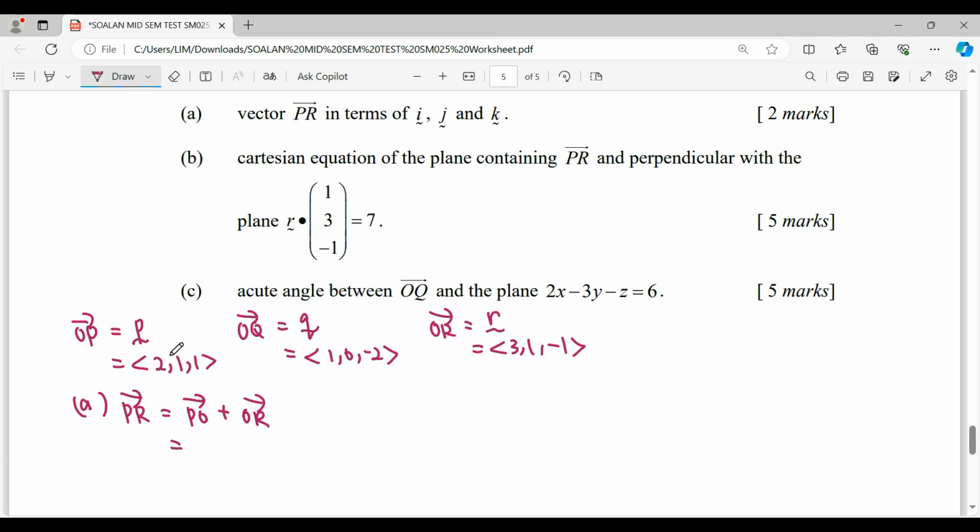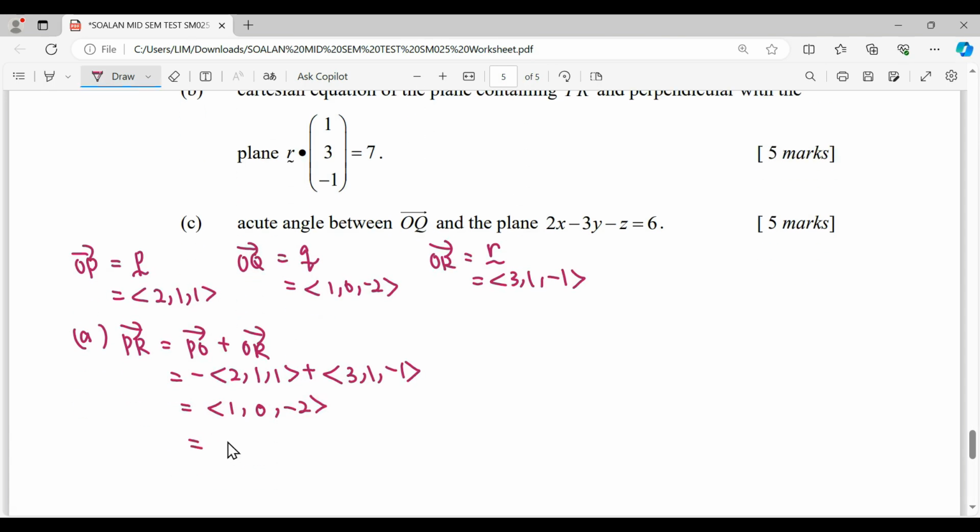Therefore, the vector here will be a negative vector. Meanwhile, OR will be 3, 1, negative 1. Simplifying this, we get 1, then 0, and then negative 2. But this answer must be in terms of ijk, so we write it as 1i, 0j, and then negative 2k.